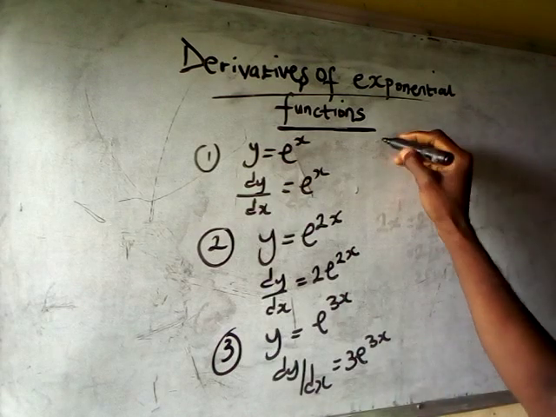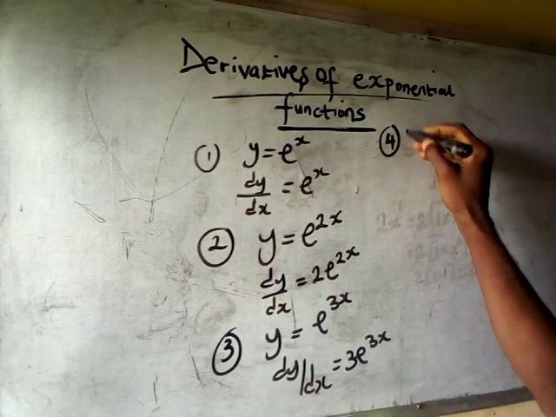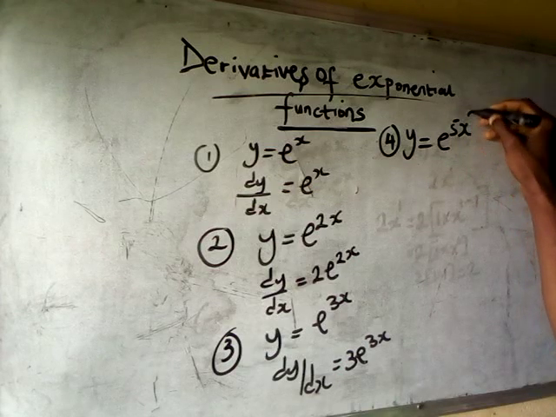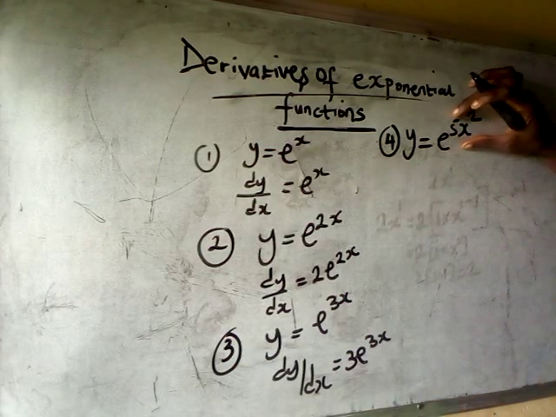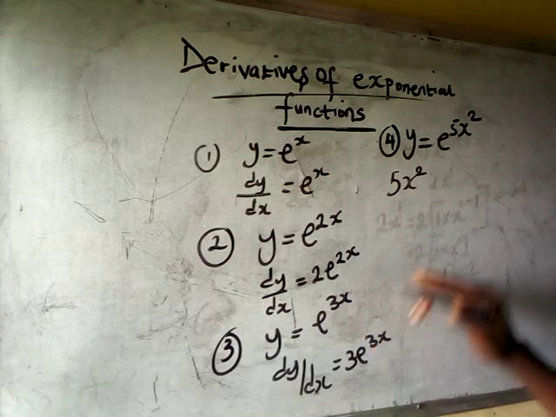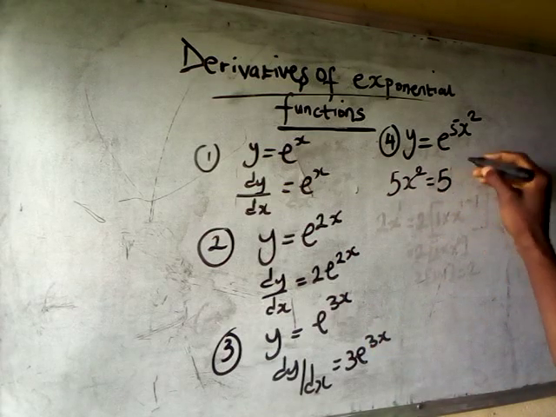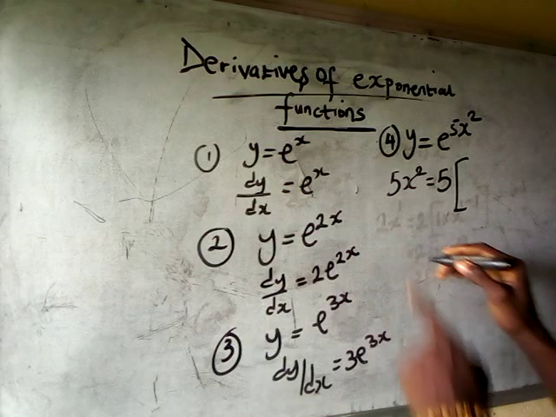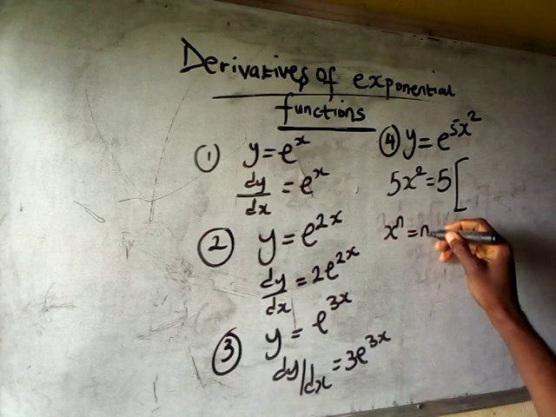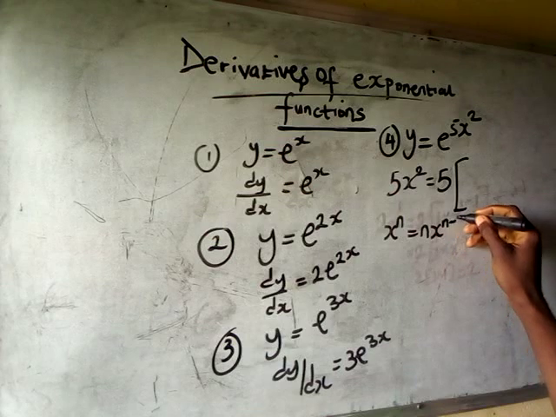Number 4: if y is equal to exponential 5x squared, we are going to bring down this power to differentiate. 5x squared, 5 outside. Remember the formula: if we have x to the n, the derivative is n x to the n minus 1.